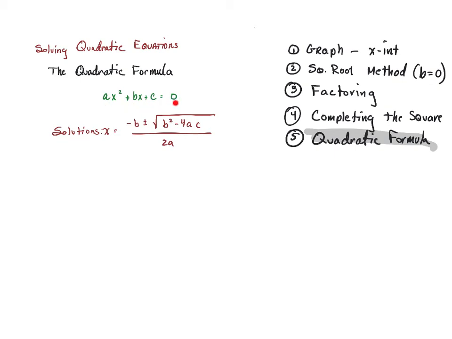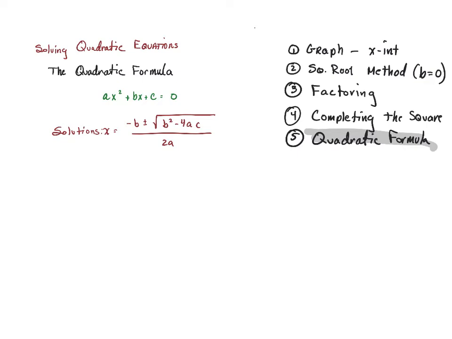We can identify a, b, and c, and this is the formula that tells you what x is. Those two solutions, those places where it crosses the x-axis. It's just negative b plus minus square root of b squared minus 4ac all over 2a. So we just have to do a bunch of substitution.